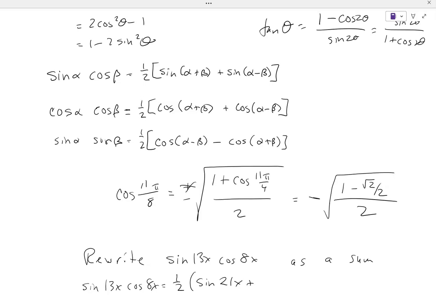And then plus sine of 5x, yep. It would be 13x minus the 8x, yep. Questions on that one at all?